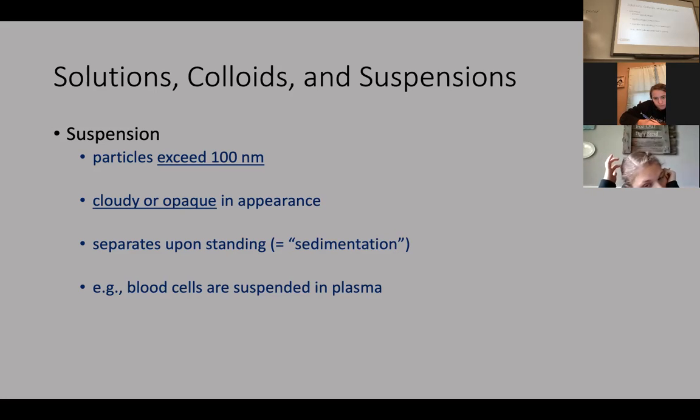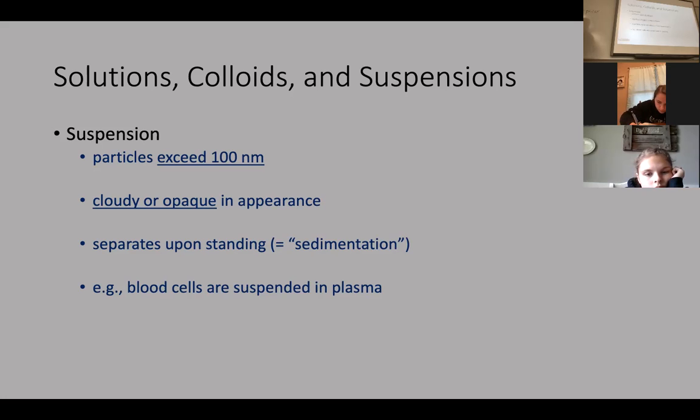And the best identifying characteristic is that suspensions separate if you let them stand for a while. Our blood is a great example. If you ever take blood and let it sit for a while, it'll separate out into, on the bottom, mostly red blood cells, which are really big.